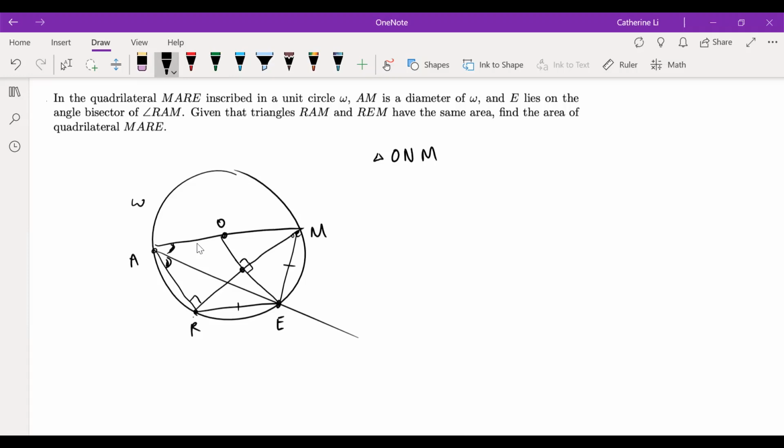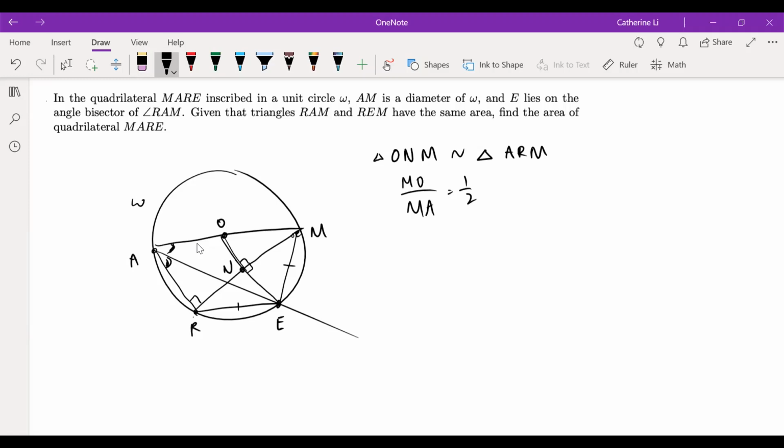Okay, ONM is similar to triangle ARM, and that's just because ON is parallel to AR, which is also perpendicular to RM. And also MO to MA is 1/2. So that's the ratio of these two triangles.